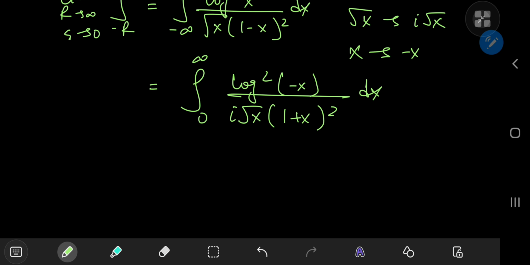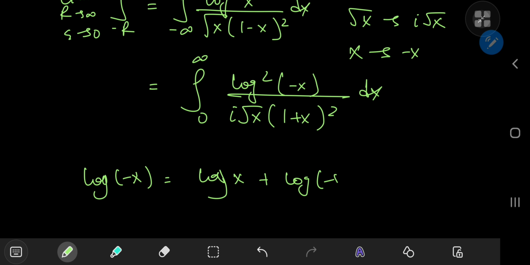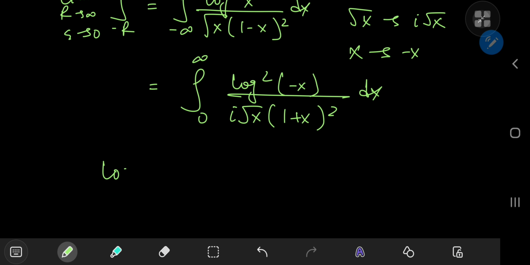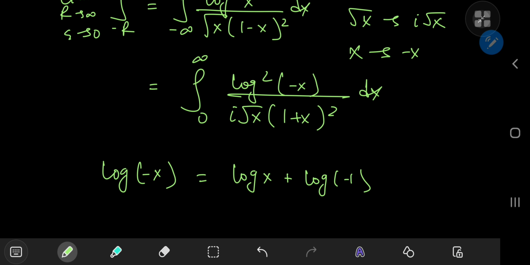Okay, cool. So what exactly is the logarithm of negative x? Well, log negative x equals log x plus log negative 1. And what's wrong with these two logarithms? They look horrible. Sorry about that. So log negative x equals log x plus log negative 1. And negative 1 is, of course, e to the I times pi as per Euler's identity.